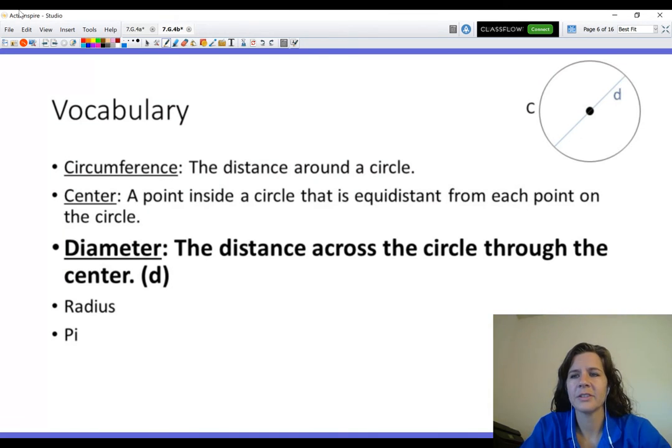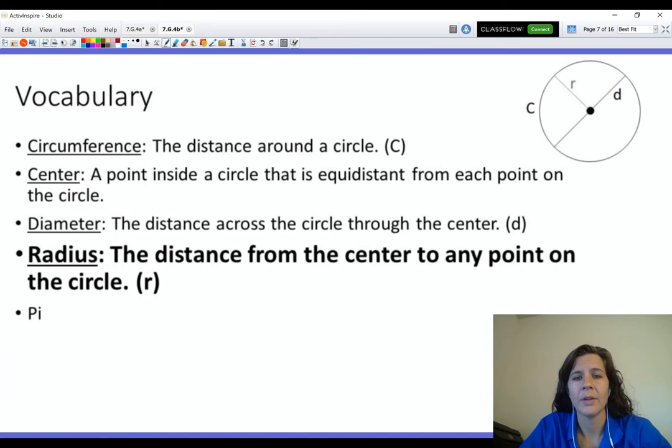The diameter is the distance across, but it has to pass through the center, all the way across. It can be anywhere, it just has to pass through the center. It cuts the circle in half. And the radius is the distance from the center to any point on the circle, so it can go anywhere.